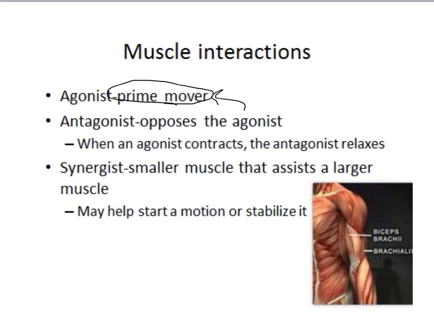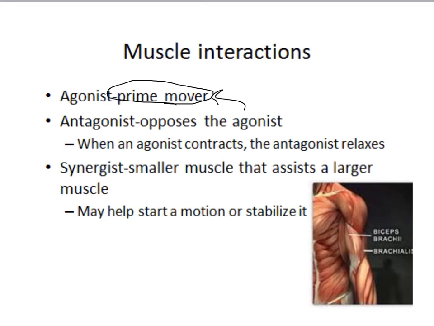So you cannot have an agonist and an antagonist contract at the same time. Again, I go back to the example of the biceps and the triceps. When one contracts, the other must relax. In that particular pairing, the biceps is the agonist and the triceps is the antagonist. Now, when muscles are synergistic with each other, it means they're assisting each other.